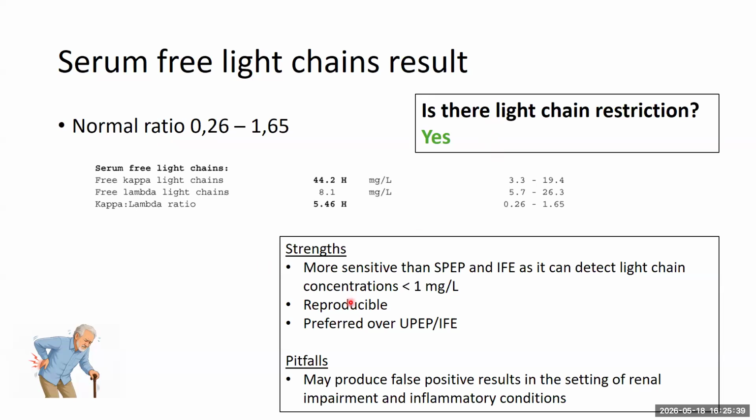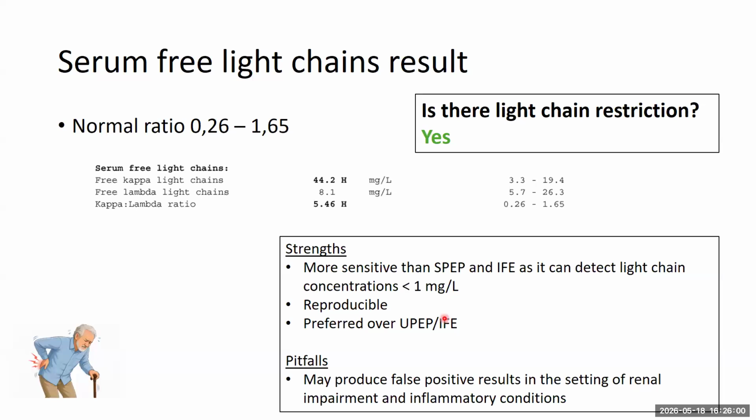So some of the strengths of this assay is that it's more sensitive than serum protein electrophoresis and immunofixation, as it can detect light chain concentrations less than 1 milligram per liter. It's reproducible and preferred over urine protein electrophoresis and immunofixation for reasons mentioned earlier.